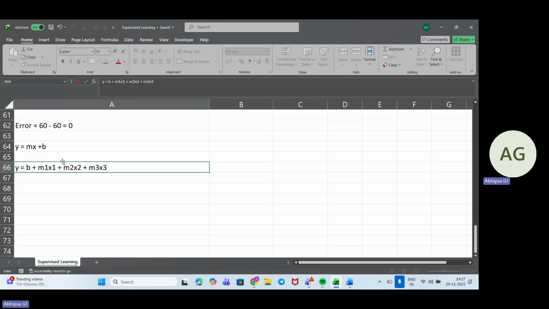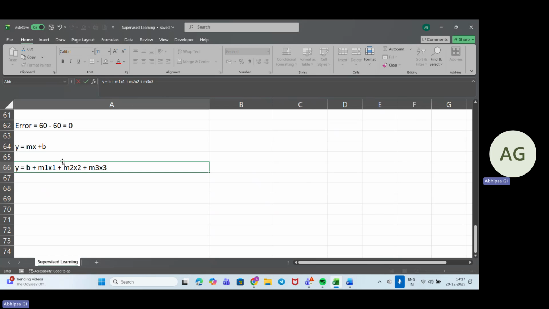So meaning for each part we are getting more than one input variable. Here y is the house price, b is the base price, like the starting price. x1 is any independent variable, we can take the house size here. x2 is maybe the rooms in the house. x3 is the distance from the city.